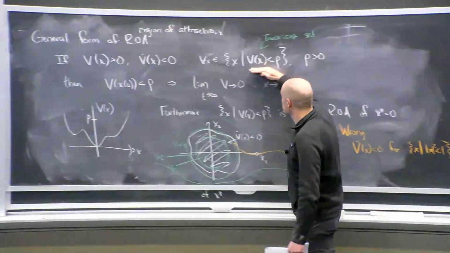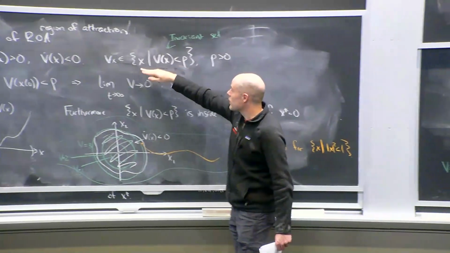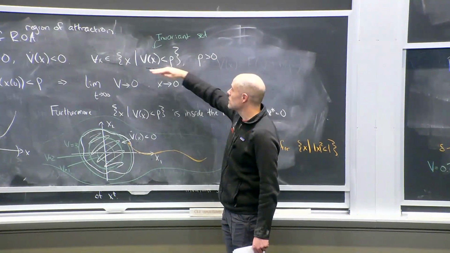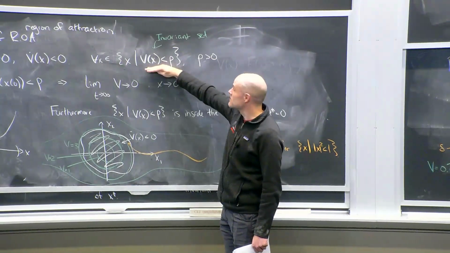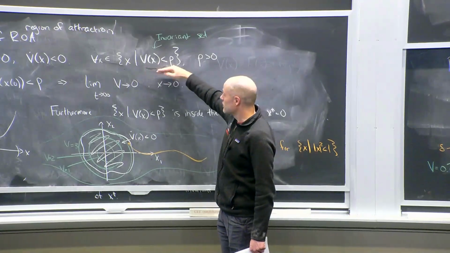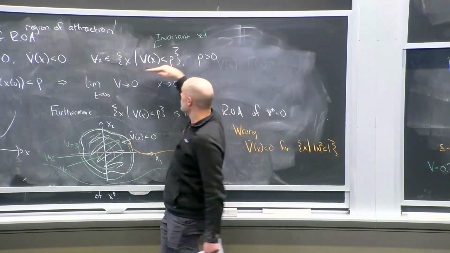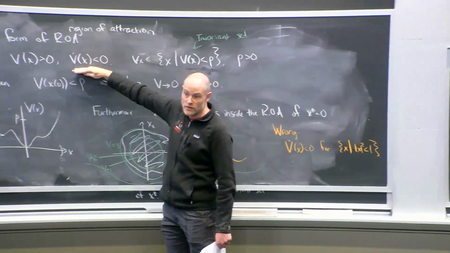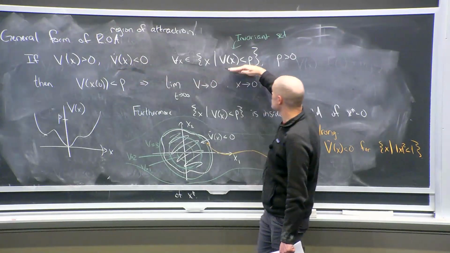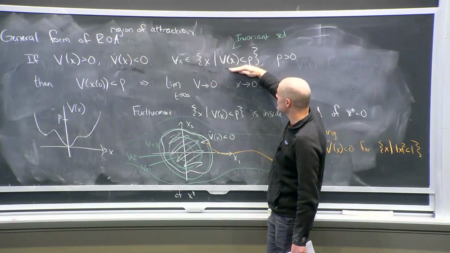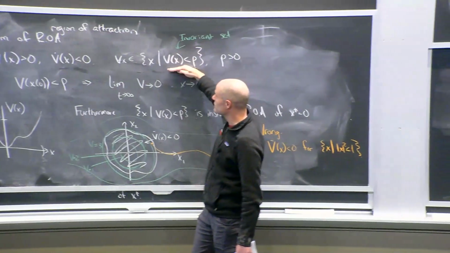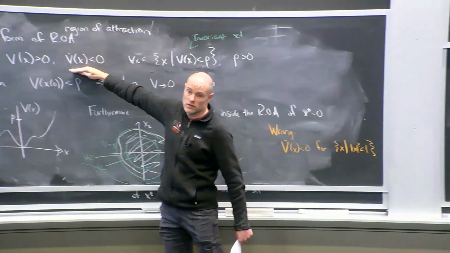So because of this, I know that for all x where v is less than rho, I have this additional thing saying v is never going to go greater than rho. And for all of those values, I'm going to go down. So putting those two together says that for all x, since this is invariant, I will never leave, and I will always go downhill.